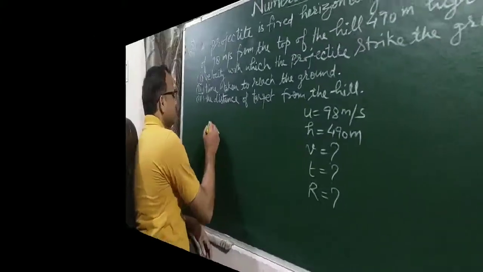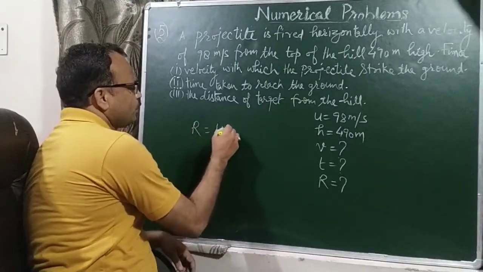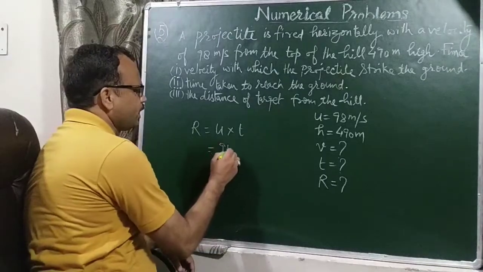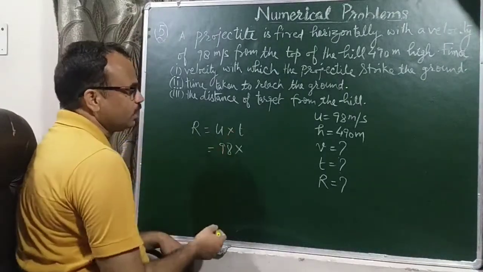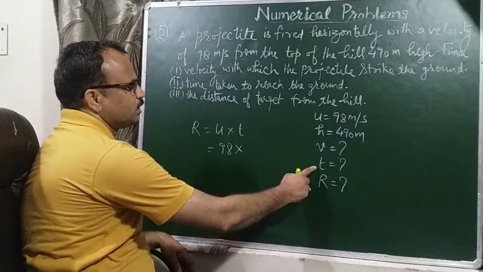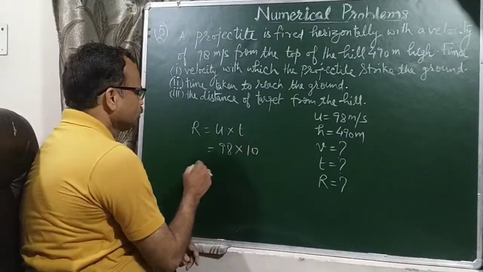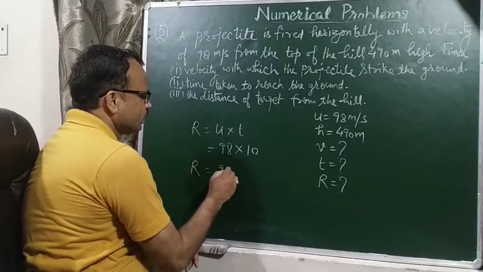Then r equal to u into t. The value of u is 98 into the value of t. The value of t in the second part will be 10. So the range will be 980.